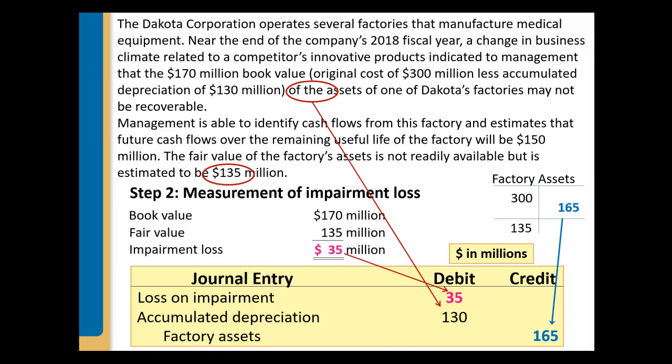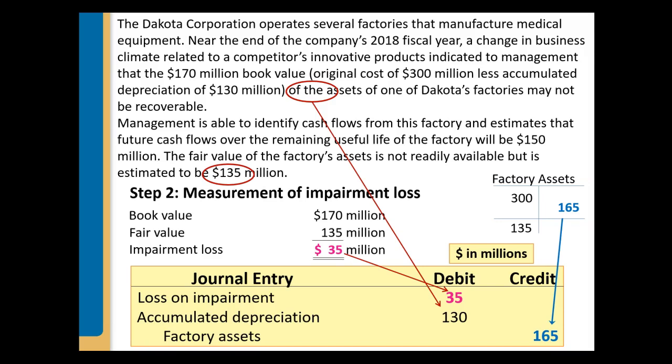Now, the loss normally is reported in the income statement as a separate component of operating expenses. You see here we reduce accumulated depreciation to 0 and decrease the cost base of the assets to their fair value of $135 million, which is the 300 minus 165.